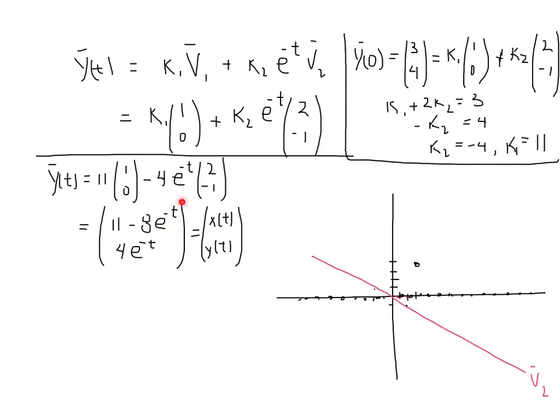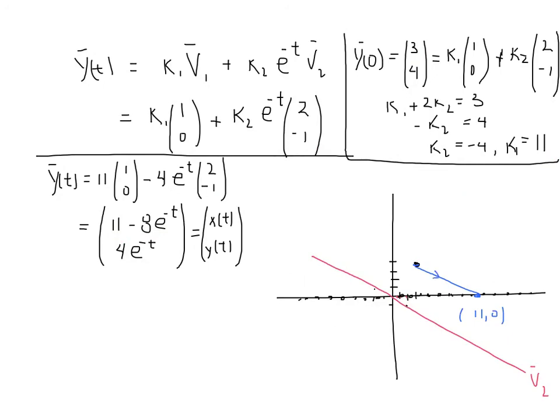But the direction that we are moving in is this, this is a constant, this is the direction of movement, and so we would see, starting here at time 0, that we're moving parallel to v2. The point that we're approaching, of course, is the point (11, 0). We never reach it.